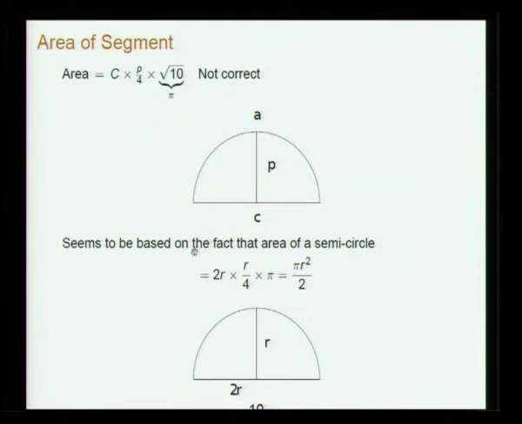Some scholars feel that it seems to be based on the area of a semicircle, where this kind of a thing will work. Here the base is 2r, the diameter, and the height, the arrow, is r. So 2r into r by 4 into pi gives pi r squared by 2, that is correct, right? That is the semicircle area. So he seems to be basing it on that. But it is a good attempt.